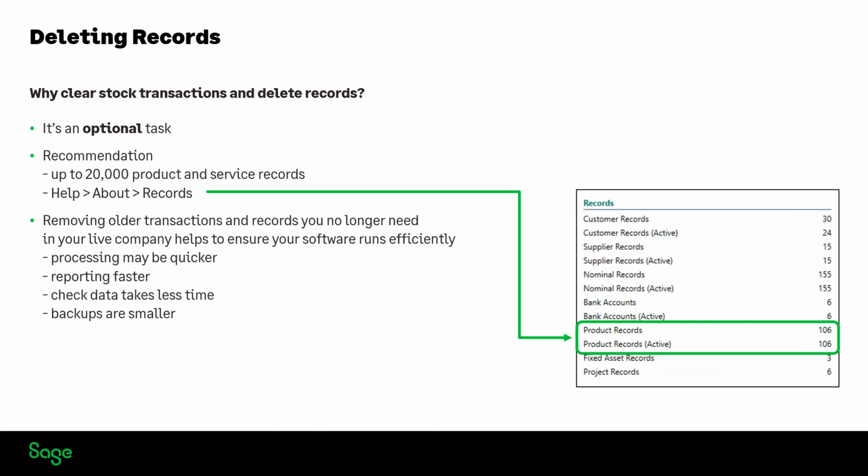It just clutters up your list. Similar to customers, the customers have gone bust. You're not going to deal with them anymore, so you might want to just think, I'll get rid of that record. So getting rid of stock transactions and product records, pretty much the same. It's similar to clearing your audit trail, getting rid of old records.